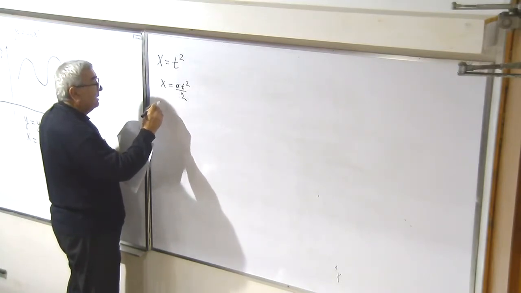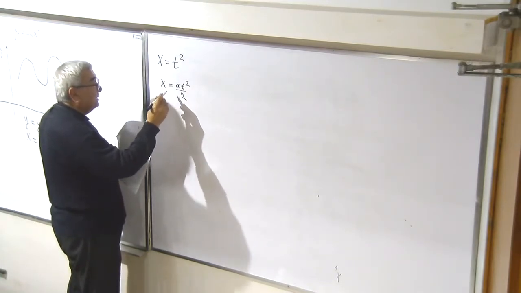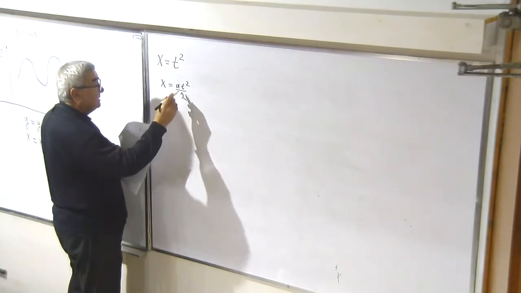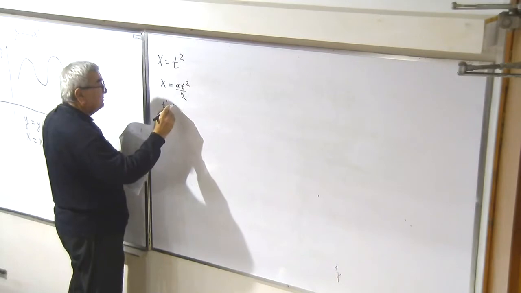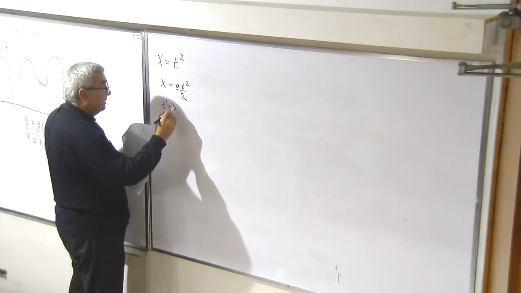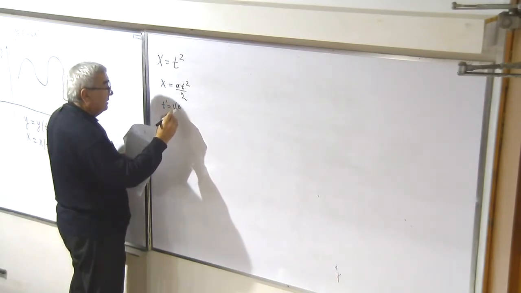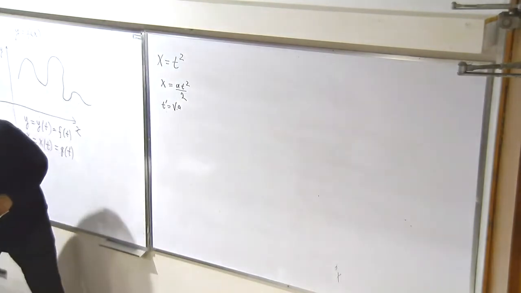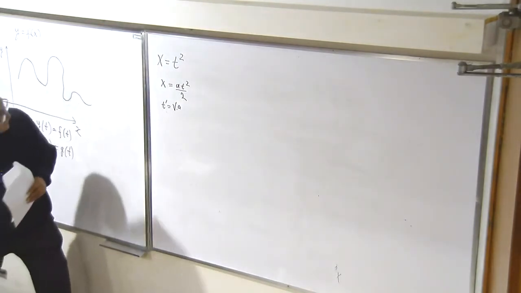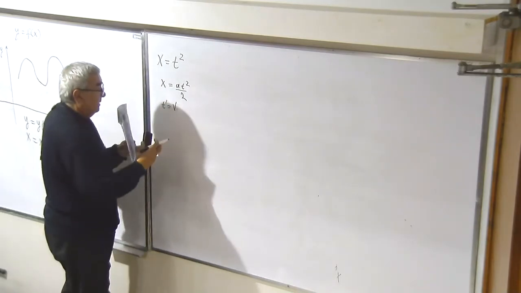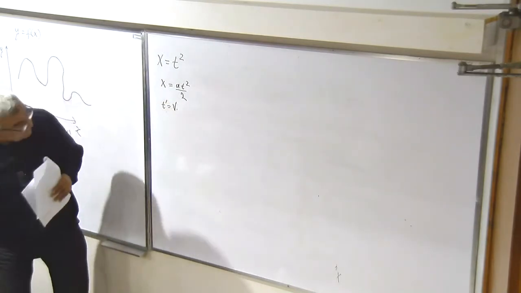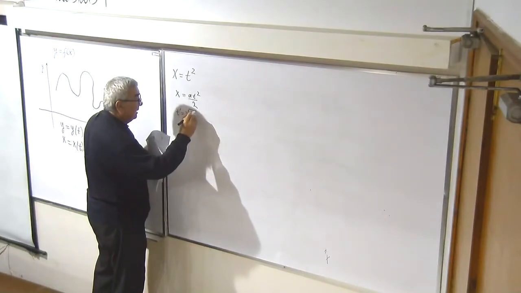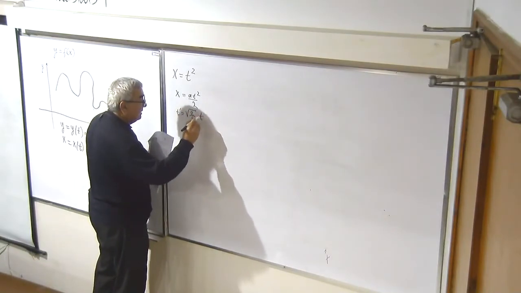Now I can transform that. I will define a new variable t prime, which will be equal to t times the square root of 2 divided by a.